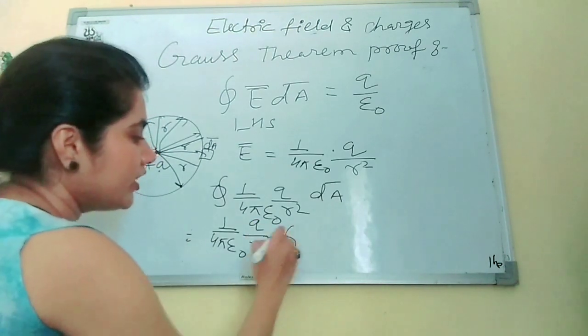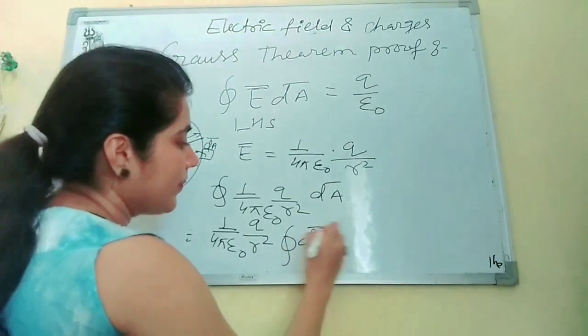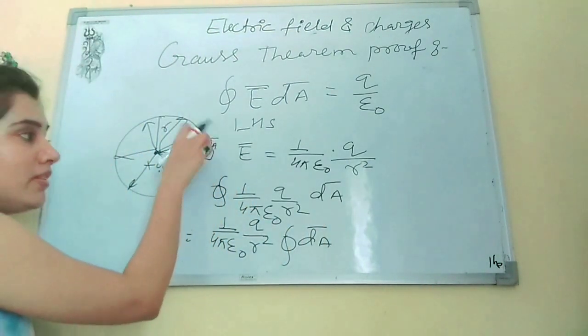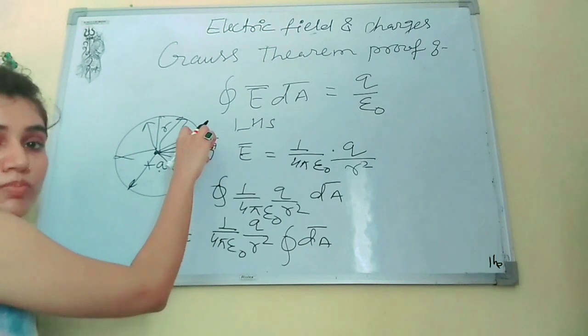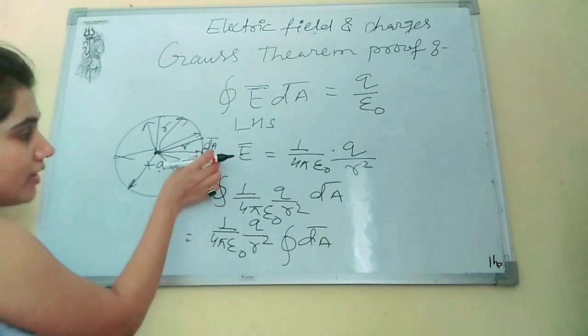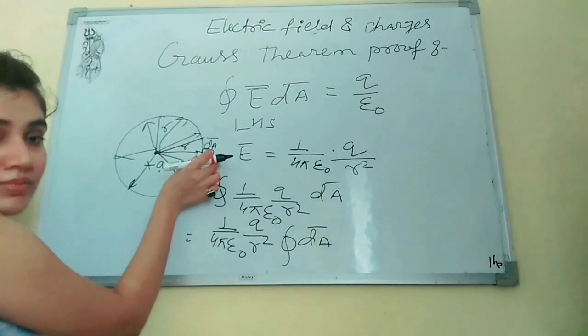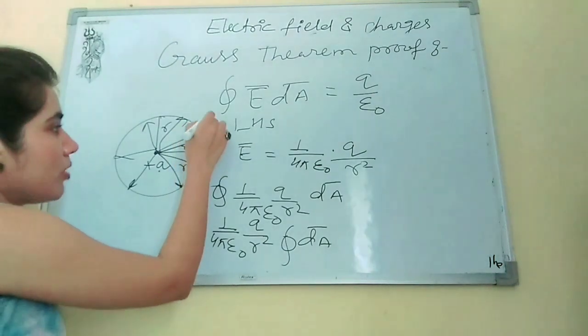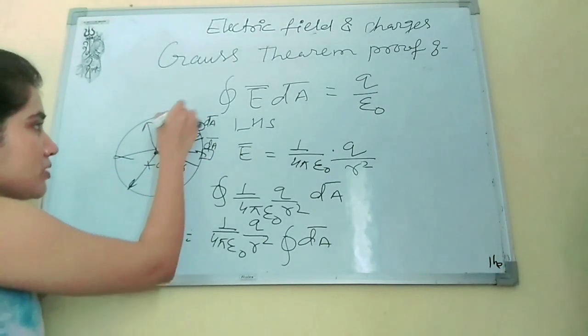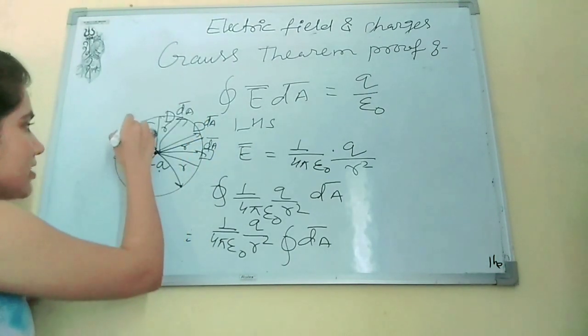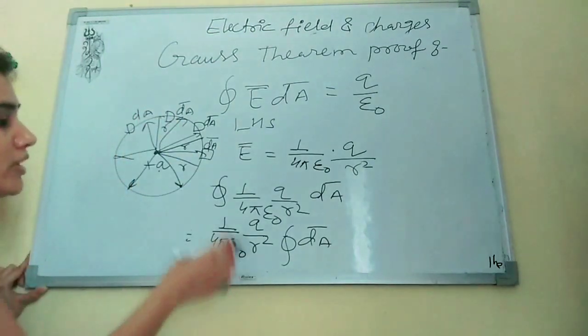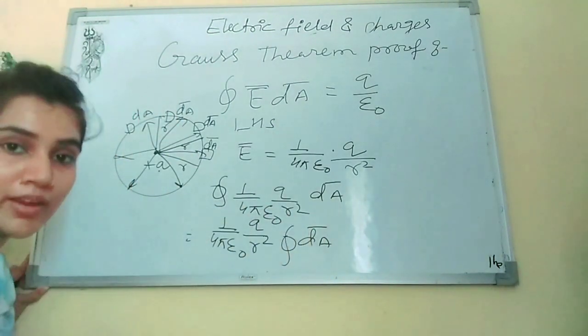Now what we have is the integration of dA. This is a very small part. In this particular region there is some small part dA, and another small part dA, and another. So this will be the summation of all dA.